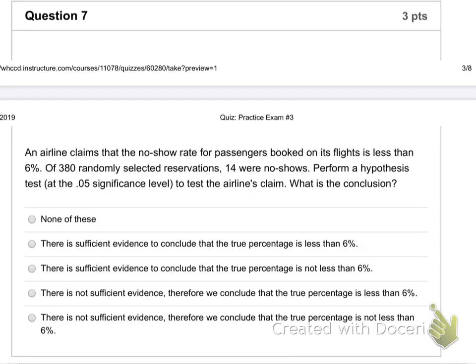An airline claims that the no-show rate for passengers booked on its flights is less than 6%. Of 380 randomly selected reservations, 14 were no-shows. Perform a hypothesis test at the 0.05 significance level to test the airline's claim. What is the conclusion?